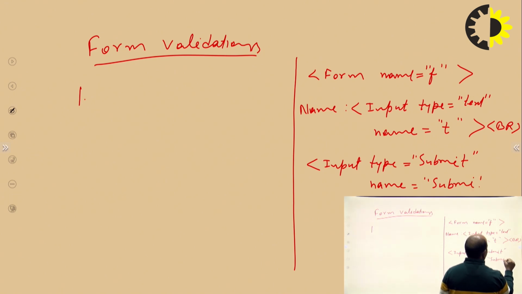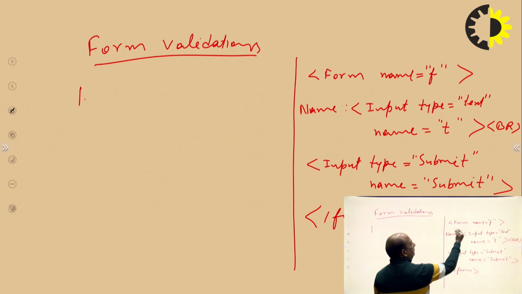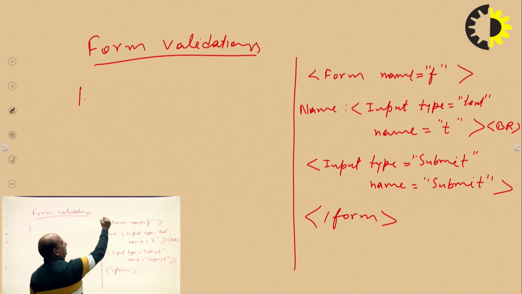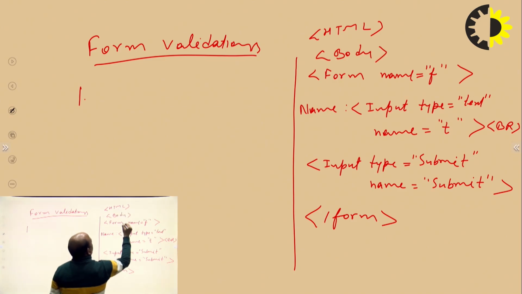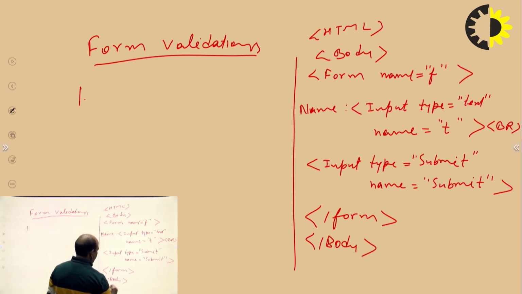So I have created a submit button, and after that I have closed this form. This may be put within the HTML and body tags. It starts from the HTML tag, then the body tag, and after creating this form you close the form tag, then close the body tag, and at last close the HTML tag.